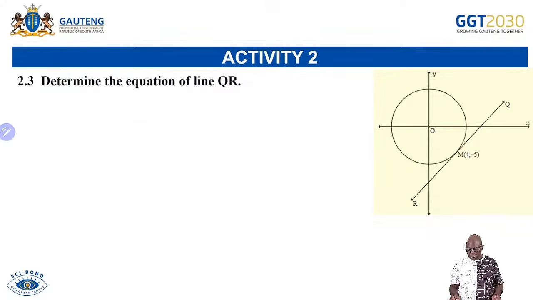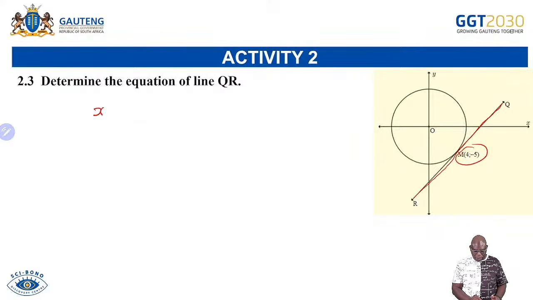2.3, obvious question, calculate the equation of that line. Equation of that line. We've got 2 ways. But I've got this equation that I'm not sure is even on the formula sheet. I'm not sure if most teachers are using it. But I know Euclidean teachers will be using this equation.